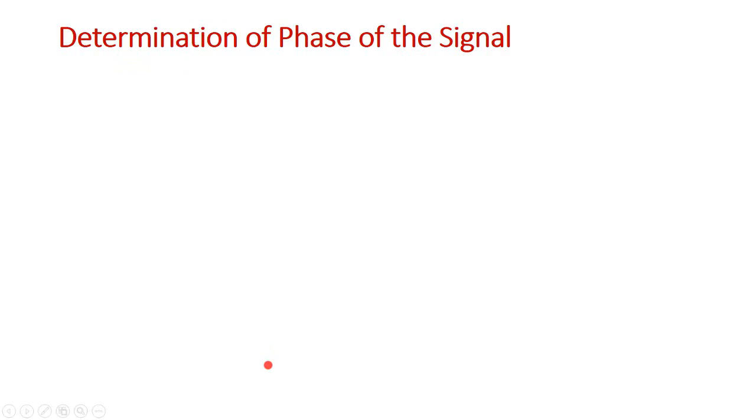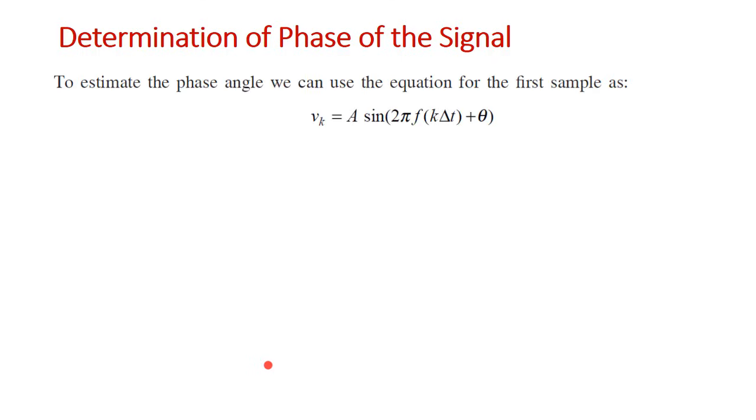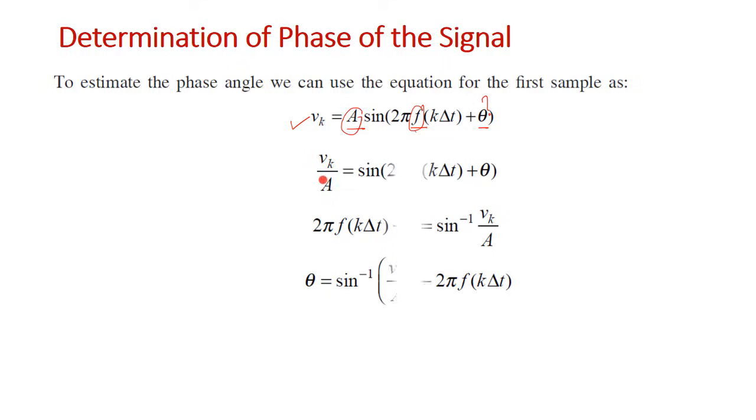Similarly, for the phase angle calculation, I can estimate the phase angle from just one equation, from one sample, because I already know the amplitude and frequency, so we only need to find theta. From this expression I can find theta.